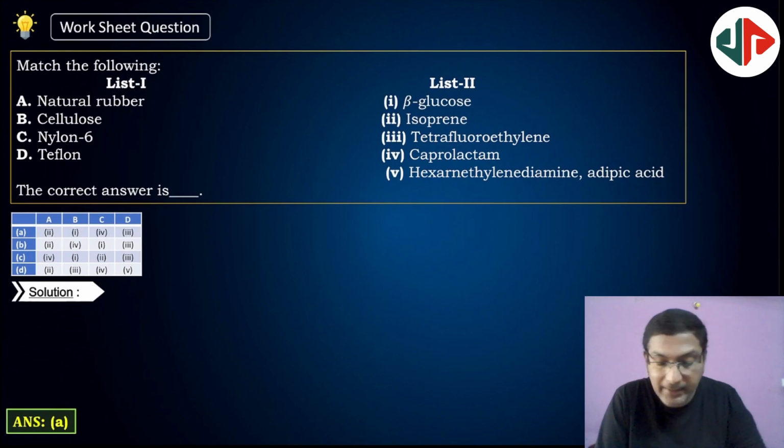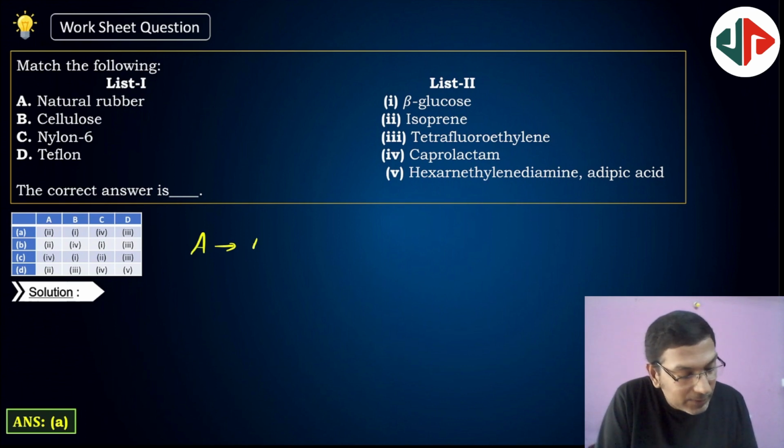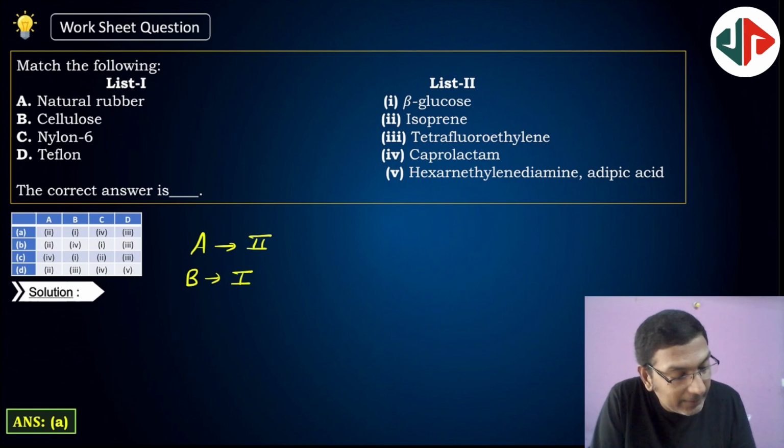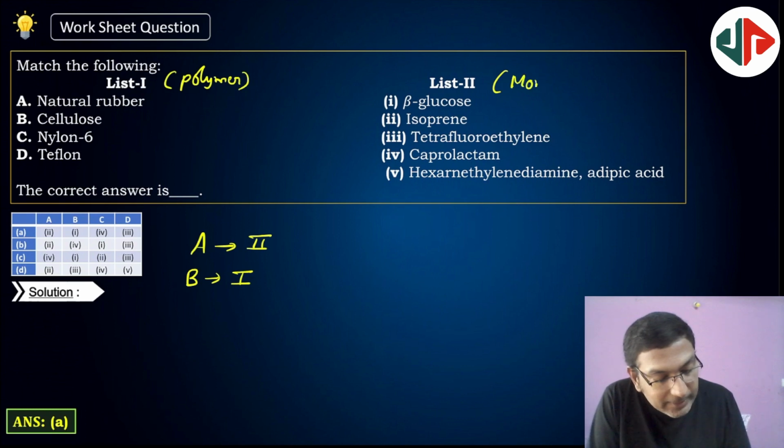This is also matching. Natural rubber, that means A. Natural rubber is isoprene monomer. B, cellulose. Cellulose contains monomer beta D glucose. So here matching is polymer and corresponding monomers. List 1 is polymer and list 2 is corresponding monomers.